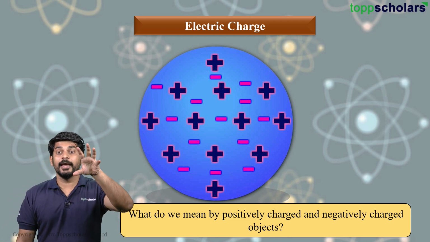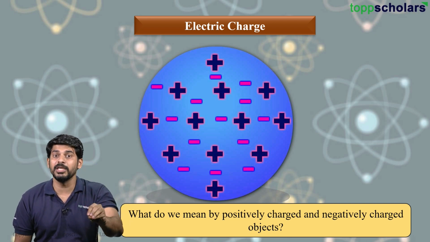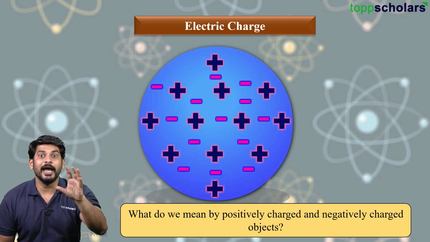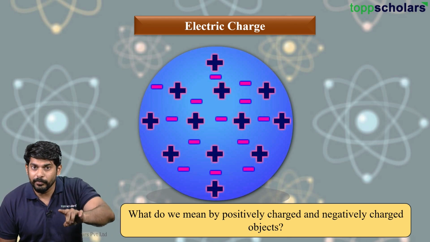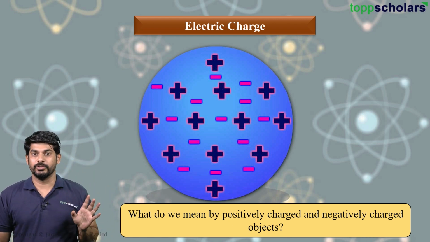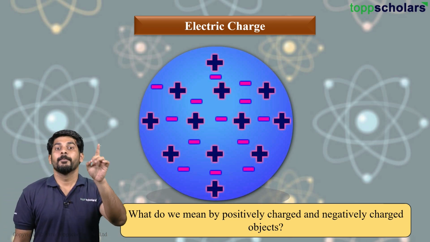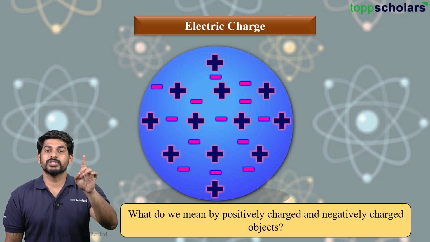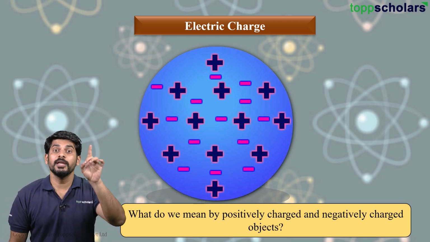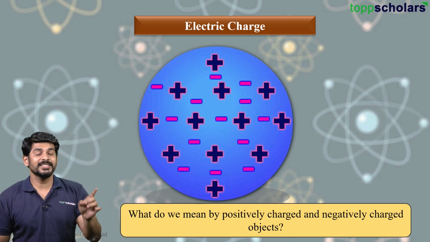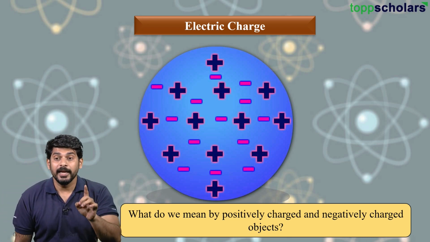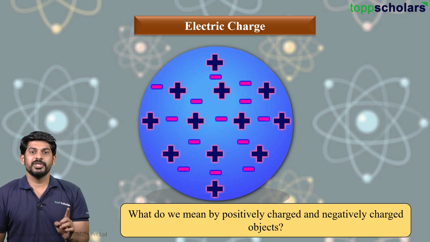Basically every object, every material is made up of atoms, and every atom contains an equal number of protons and electrons. The thing over here is that protons and electrons have equal charge magnitude, and the value is 1.6 × 10^-19 Coulomb.